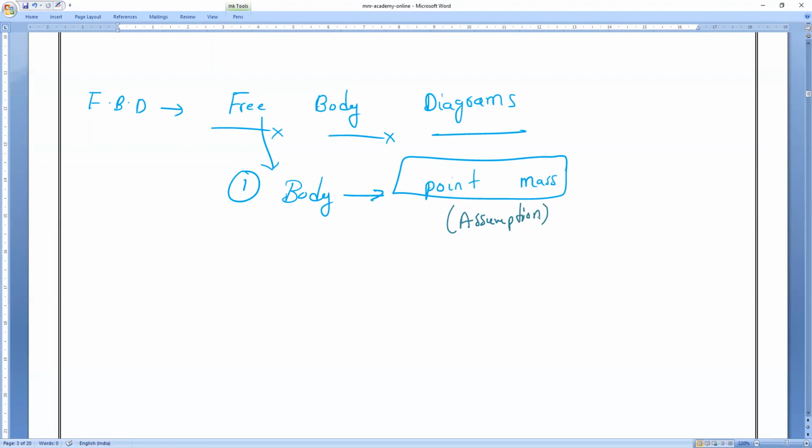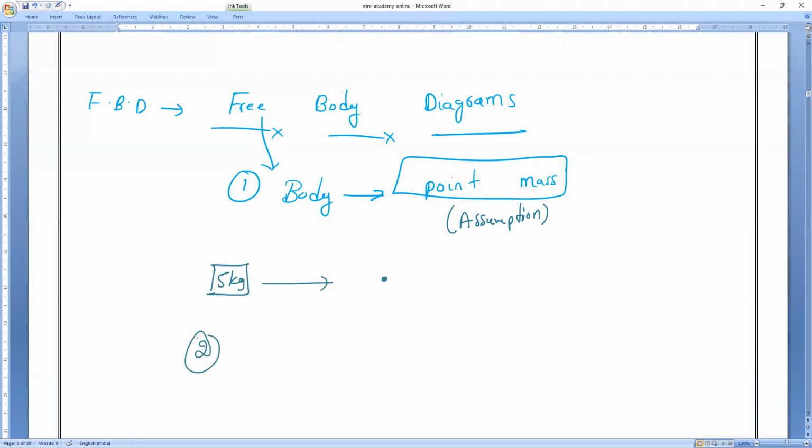So whatever the body is, if you want to solve, you have to consider the whole mass of the body as a point mass. For example, if the mass of the body is 5 kg, consider this mass as a dot point.